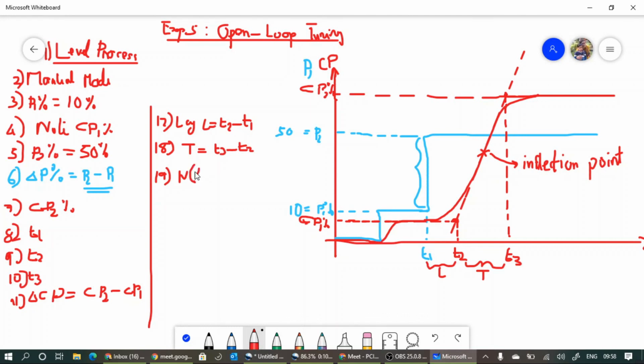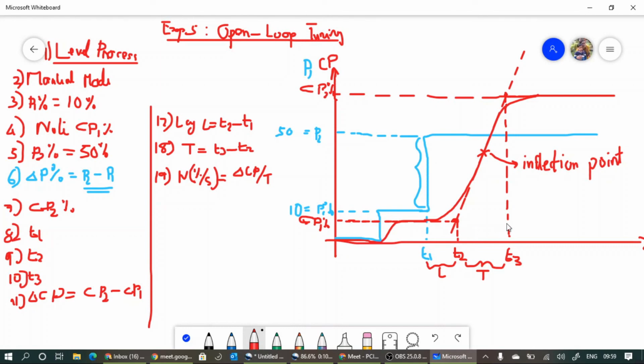So this reaction rate is equal to delta Cp divided by T. This difference is delta Cp.